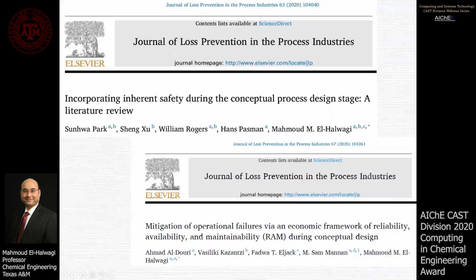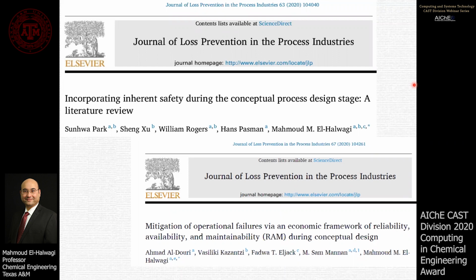Of course, there are many other ways of including safety in conceptual design, and I recommend this review paper, which was led by my PhD student, Sanhua Park, where she, in collaboration with Drs. Zhu, Rogers, and Passman, provided a critical review of the various methods and metrics for including inherent safety in conceptual design.